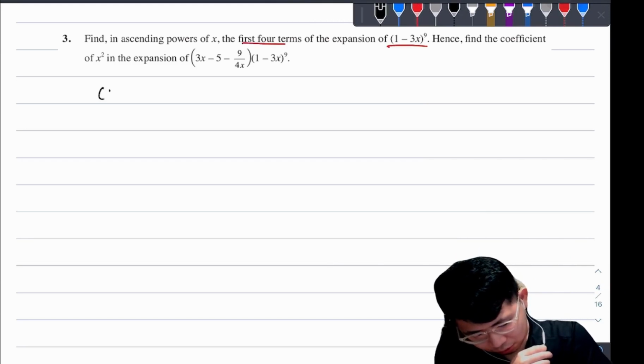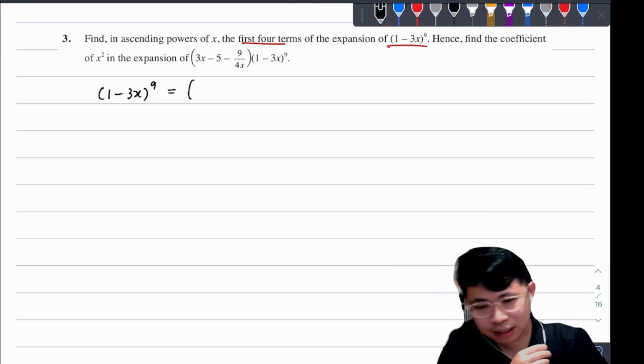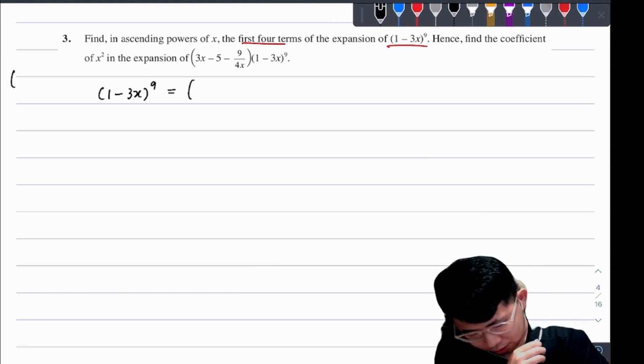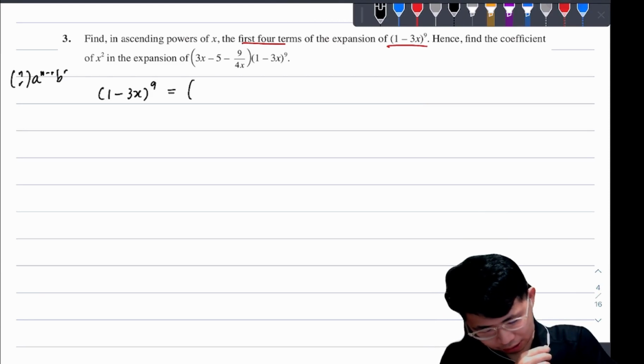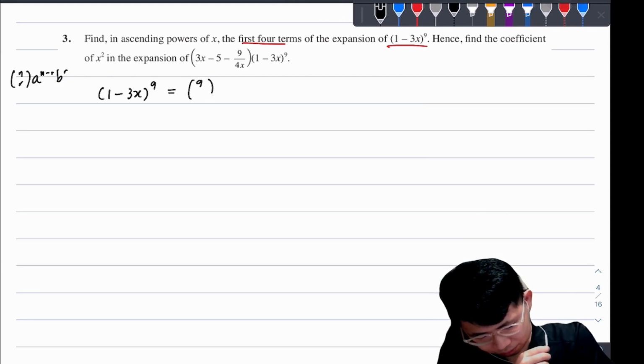Okay, so I have 1 minus 3x to the power of 9. So repeatedly, n choose r, a to the power n minus r, b to the power r. So n is 9, and r we are going to roll. First term is 1 to the n minus something.